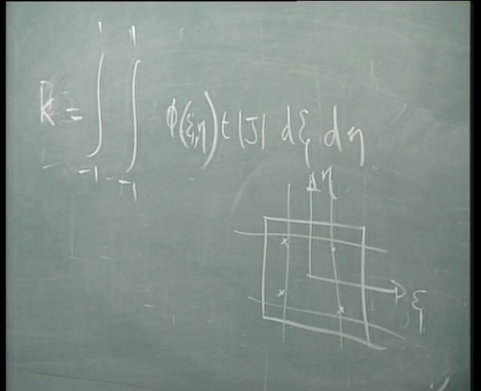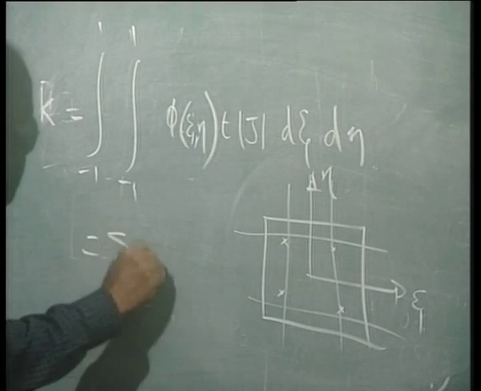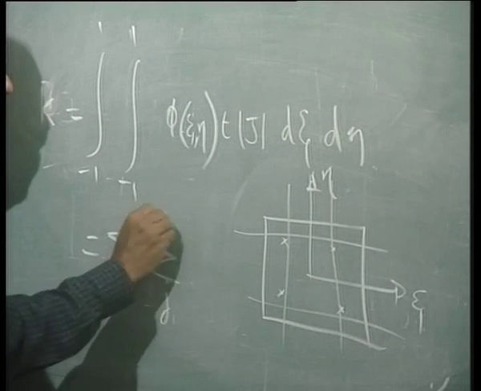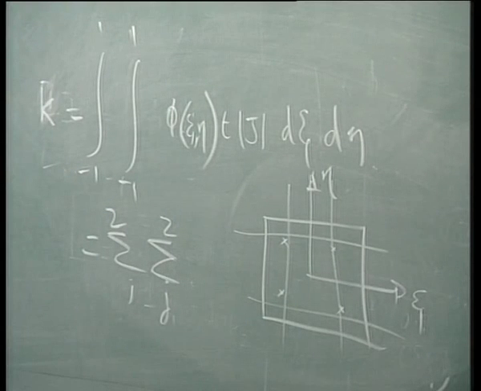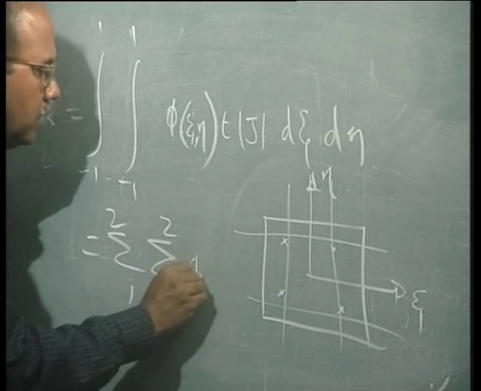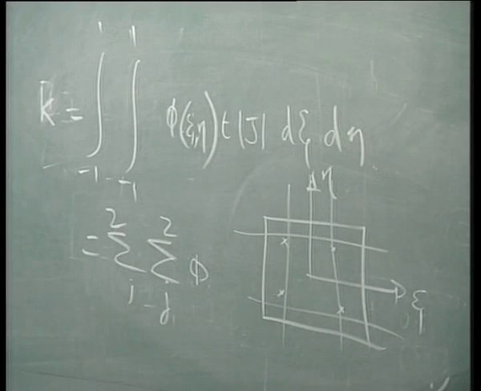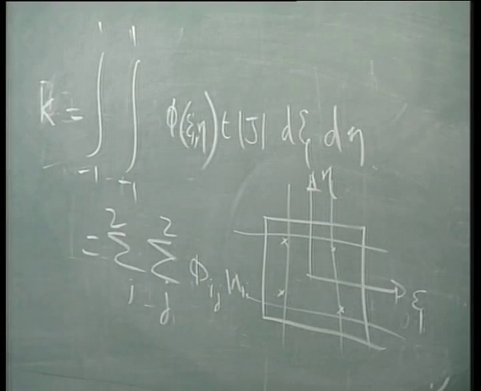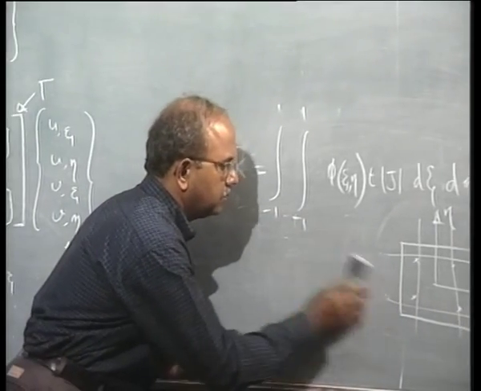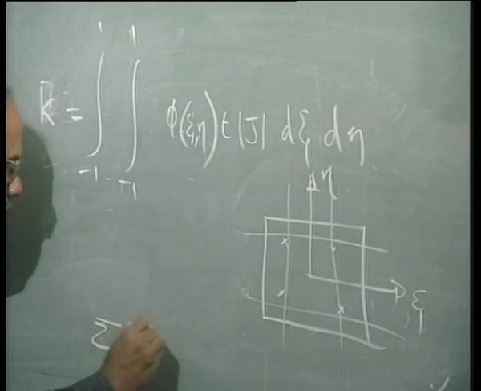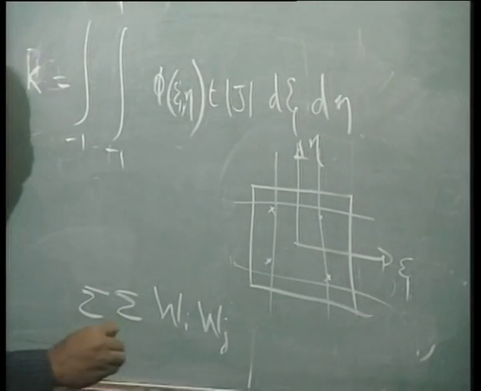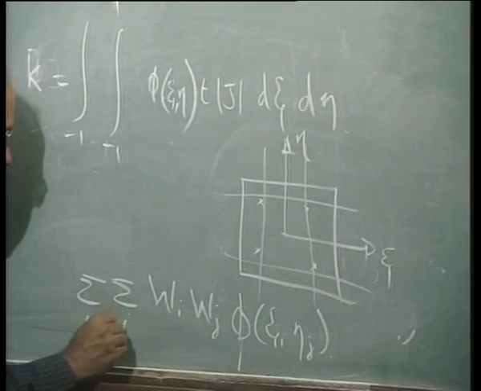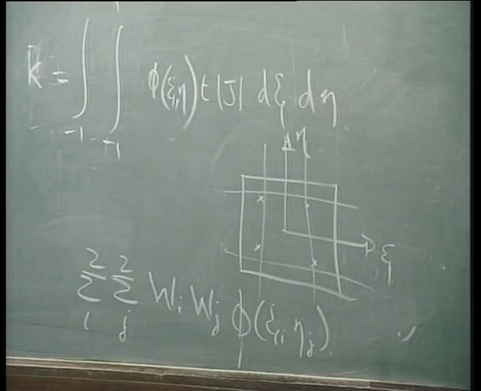Then how do I now evaluate the stiffness matrix? That is evaluated as a double sum over i and j, both of them varying from 1 to 2, of phi calculated at these 4 positions, phi at psi i eta j, times the weights wi wj.